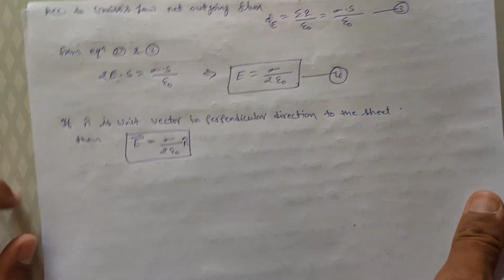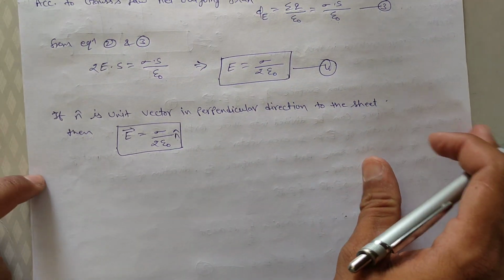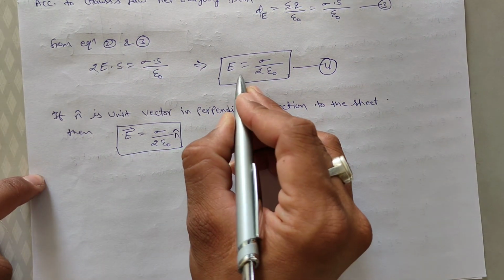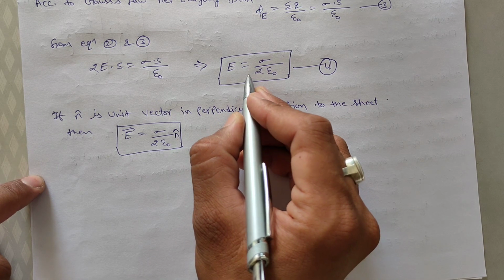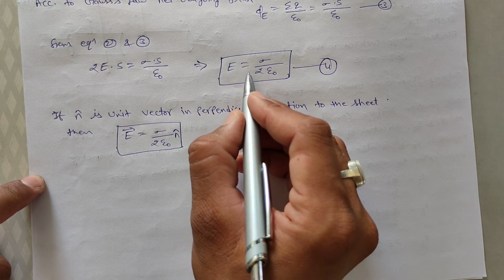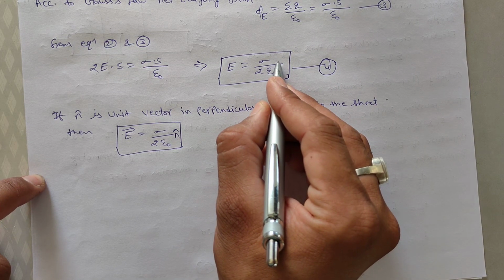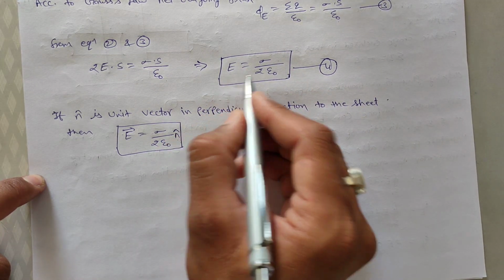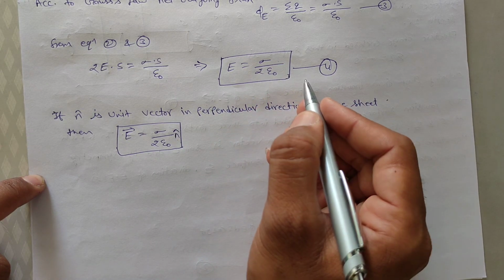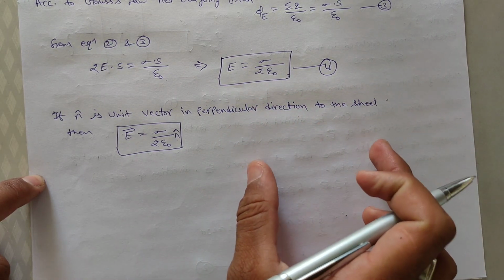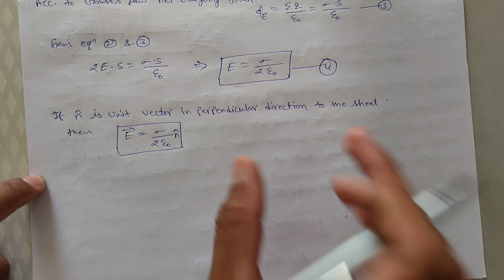Here we can easily see that the electric field intensity at any point depends upon the surface charge density sigma, but does not depend upon the distance between the observation point and the sheet, that is r.